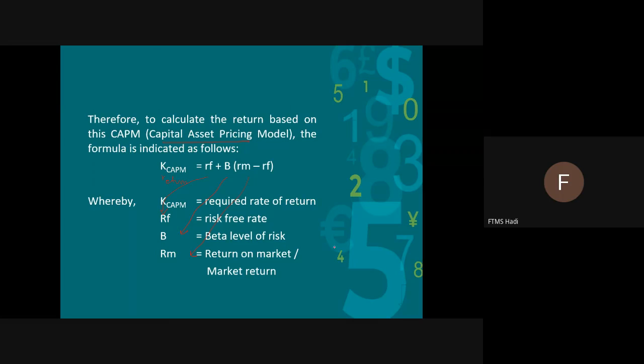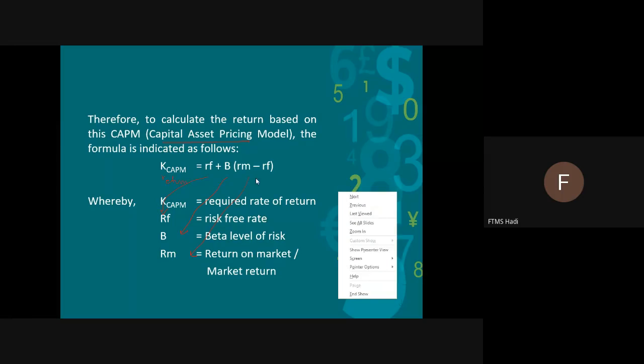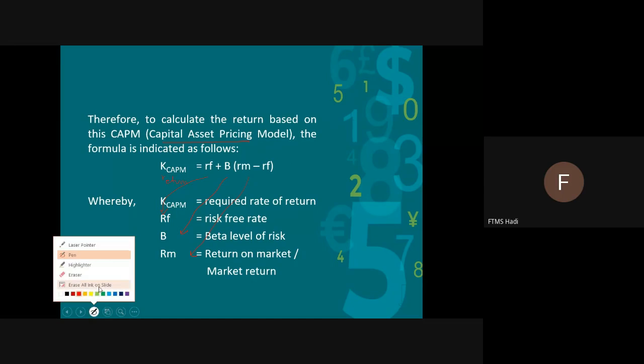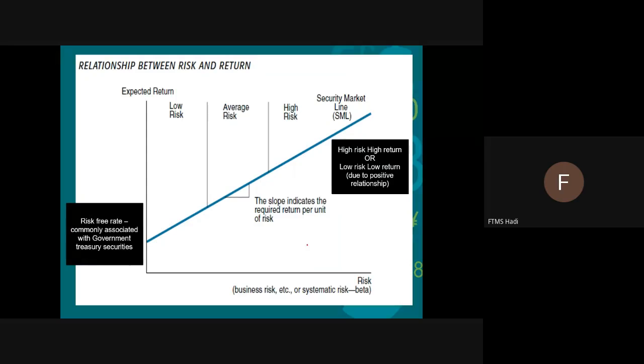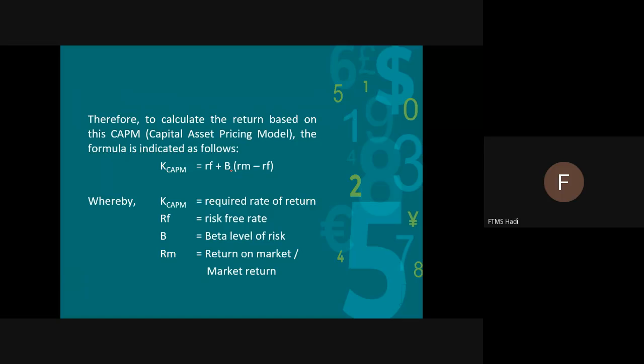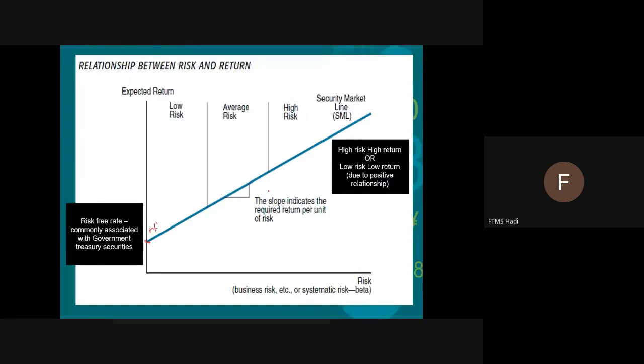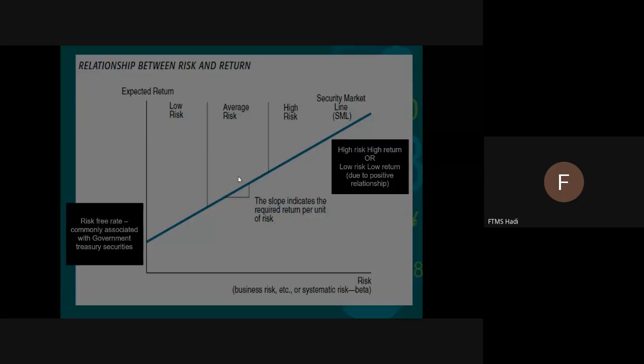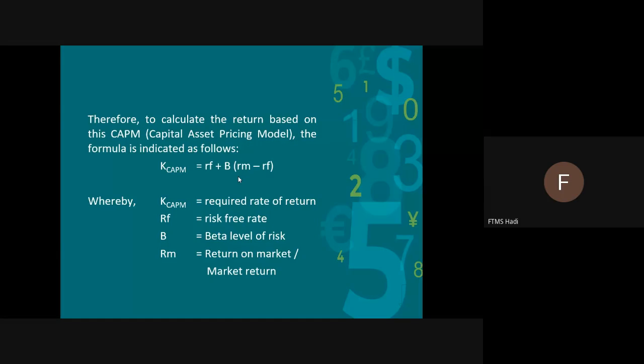Okay, how do we get this formula? Okay, let's see. So this is your RF, the risk-free rate. Beta is referring to the slope, kecerunan. Yeah, the slope here, this one. This is your beta. And then RM is this one.